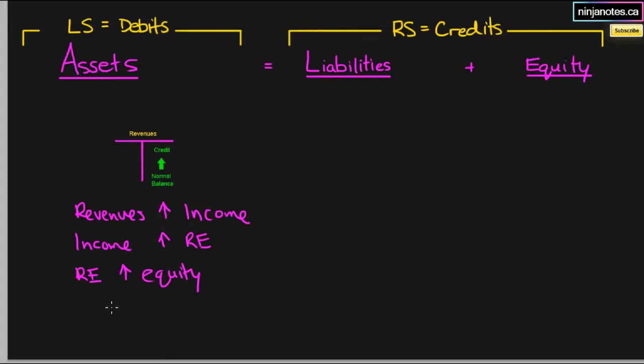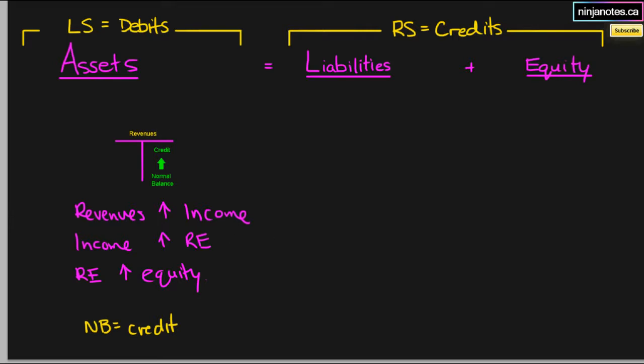And when equity is increased, we credit equity, which is why revenues have a normal balance of a credit. So if we want to increase revenues, let's say we report some revenues that are earned, we will credit revenues, because to increase a revenues account we will credit that entry.